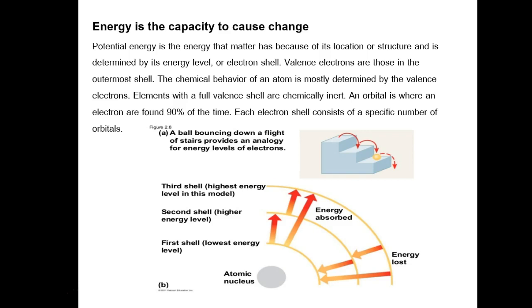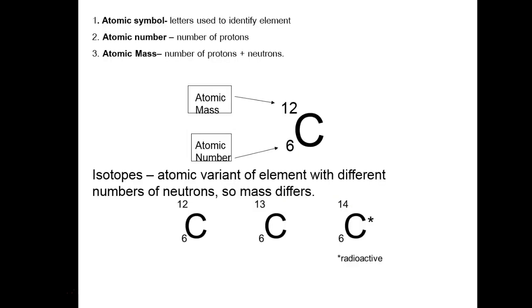The other image here shows you the outermost valence shell has the highest energy level, and that's where energy is going to be lost first, and the energy would be lost last closest to the positively charged nucleus.